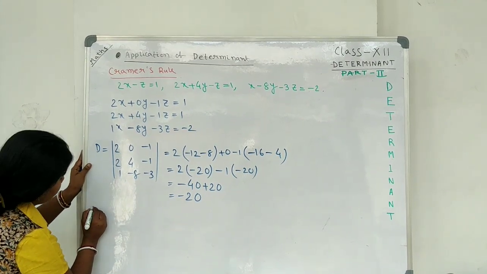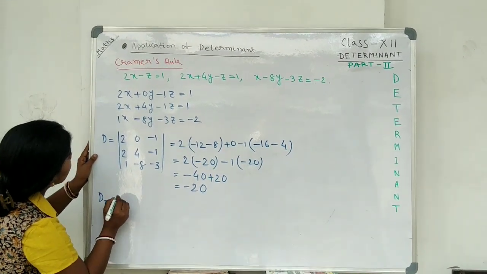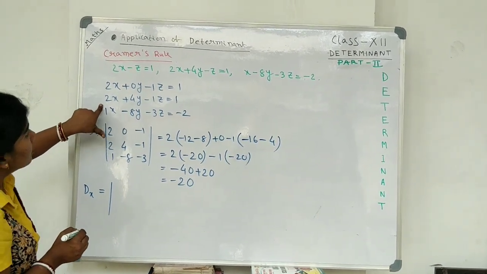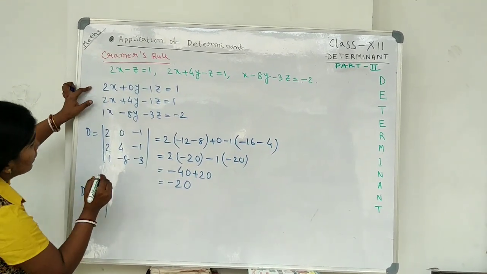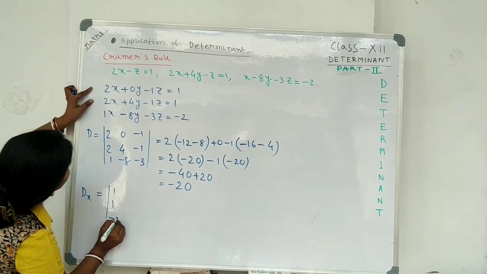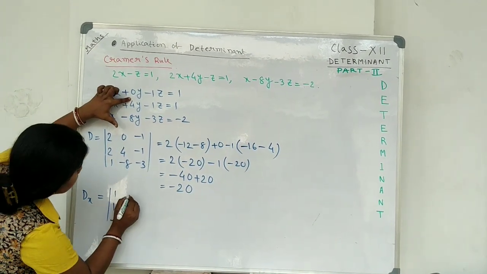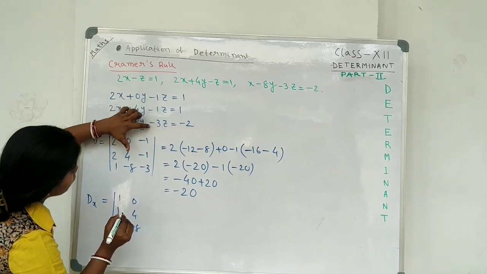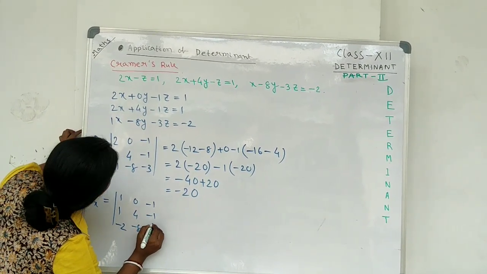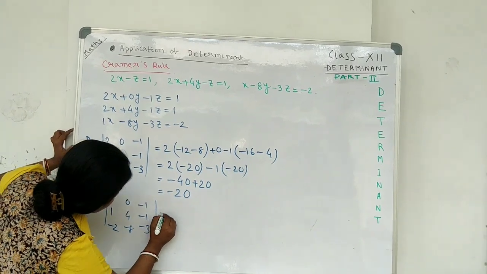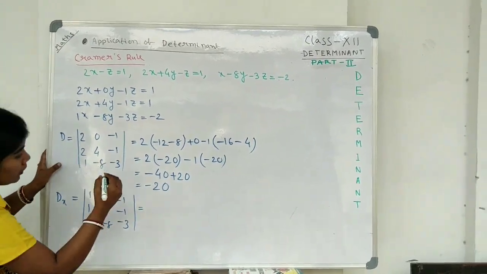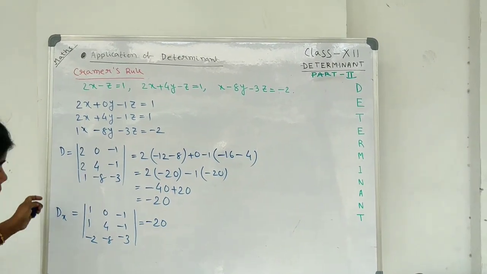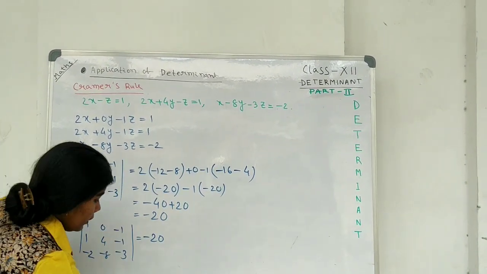Dx equal to, here you have to replace the column of x by this constant column, that is 1, 1, minus 2. Now 0, 4, minus 8 and minus 1, minus 1, minus 3. Similarly simplifying, you will get here minus 20. Now dy.